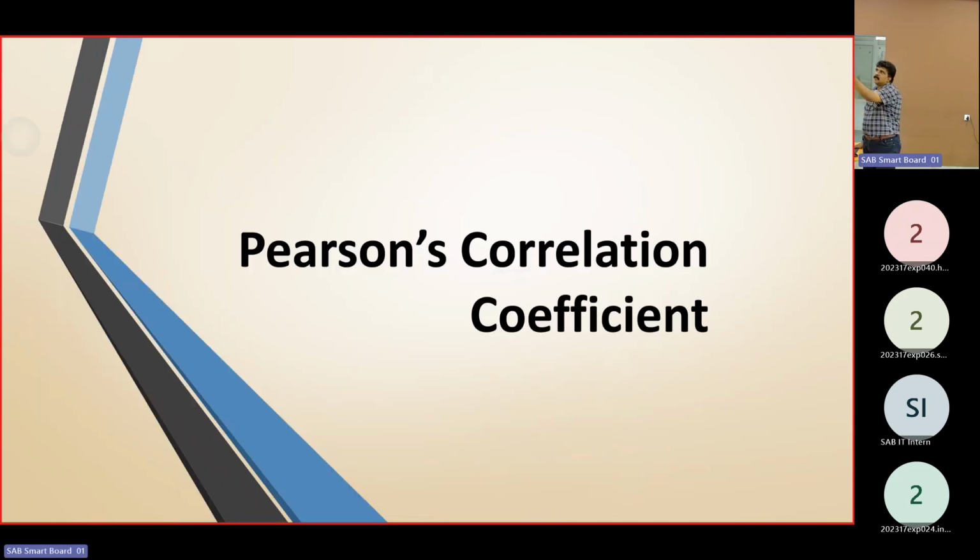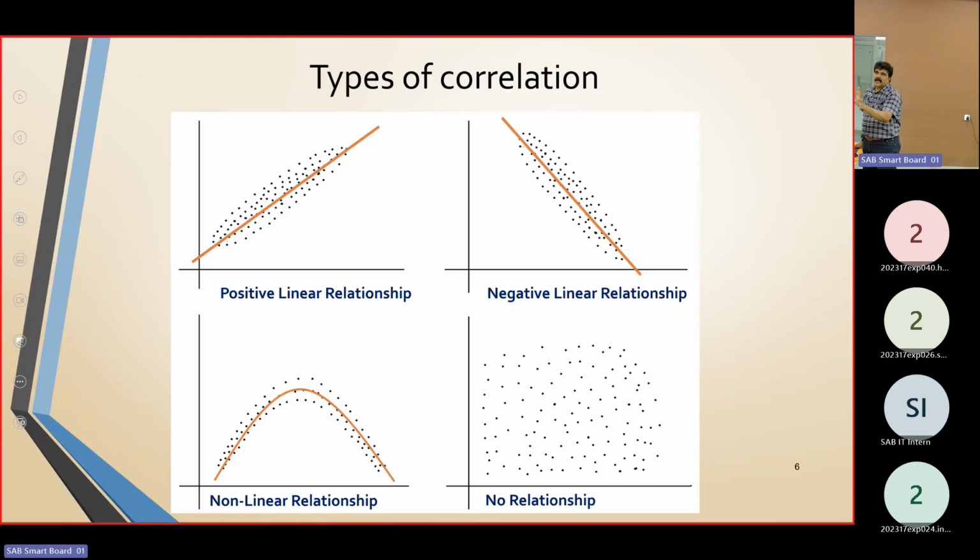So now using these structures, we can identify whether there is some sort of relationship. So if you get any of these structures, then we check whether there is really a relationship. So for that, we need a measure.